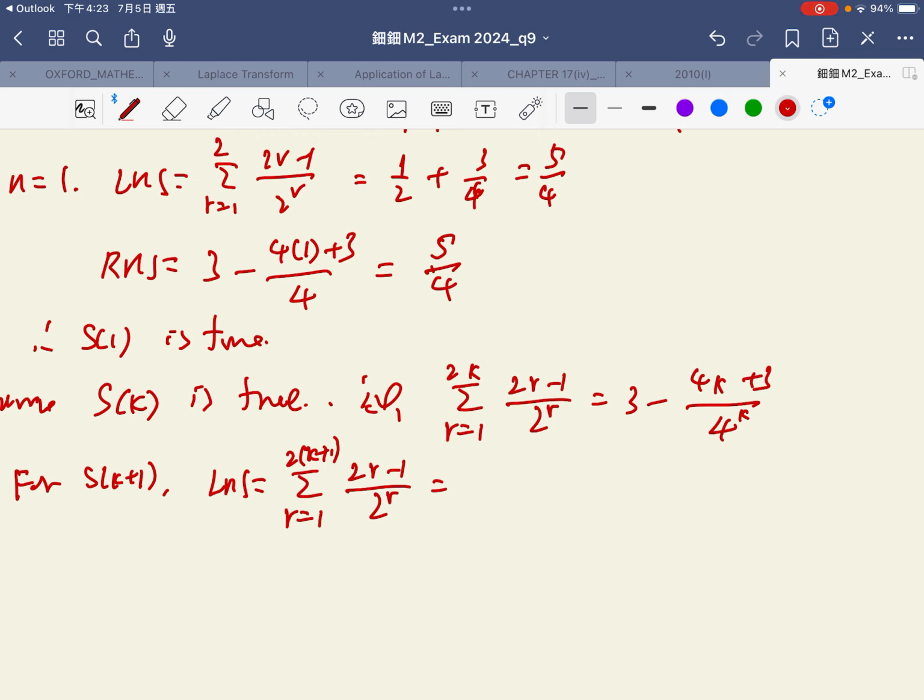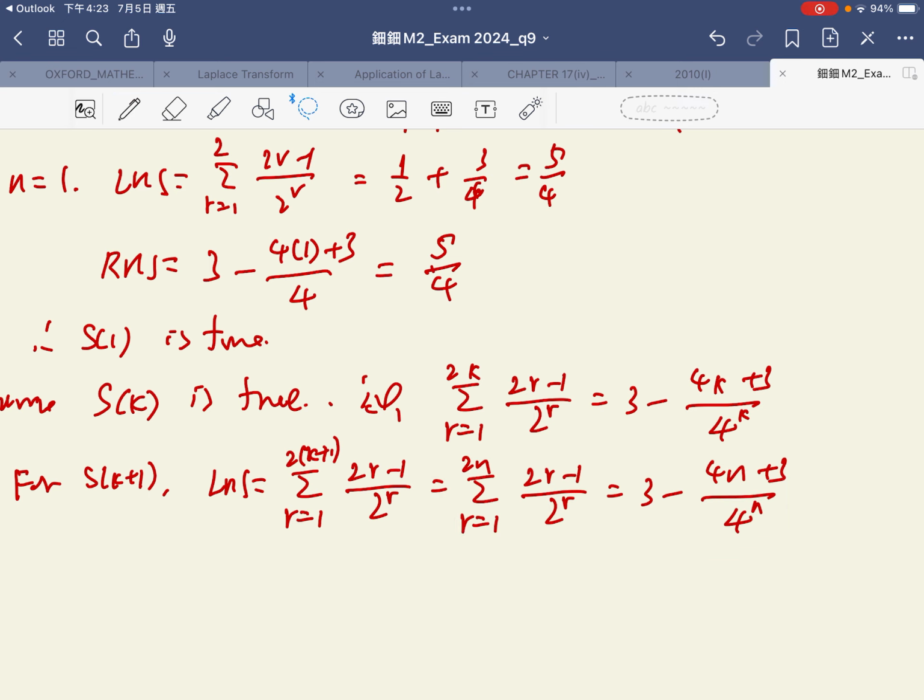We can divide it into three parts. One part is the summation from 1 to k, and then plus two extra terms.